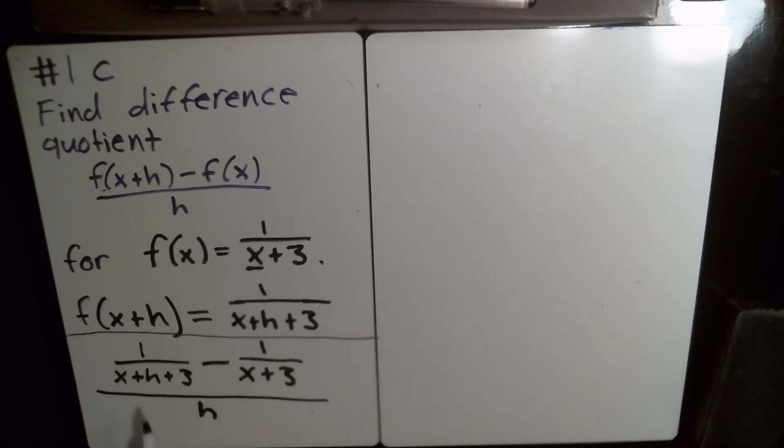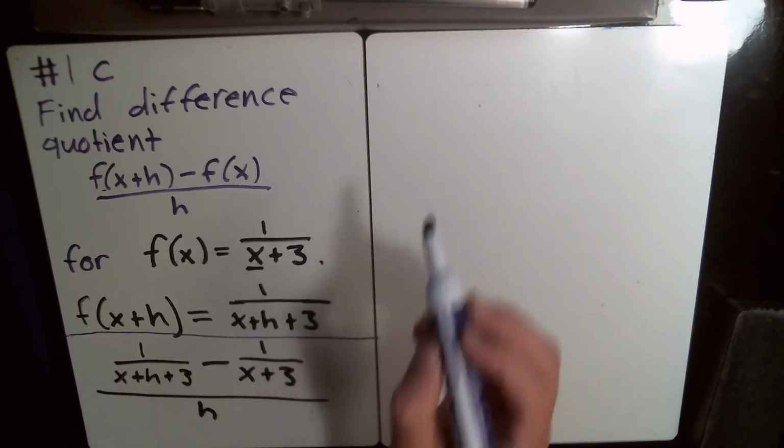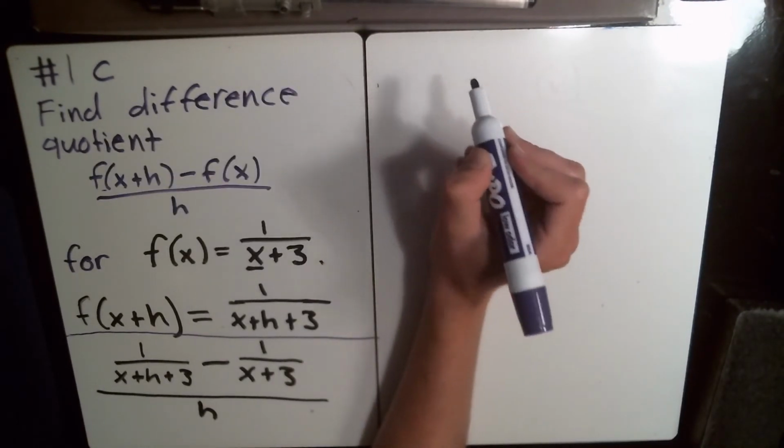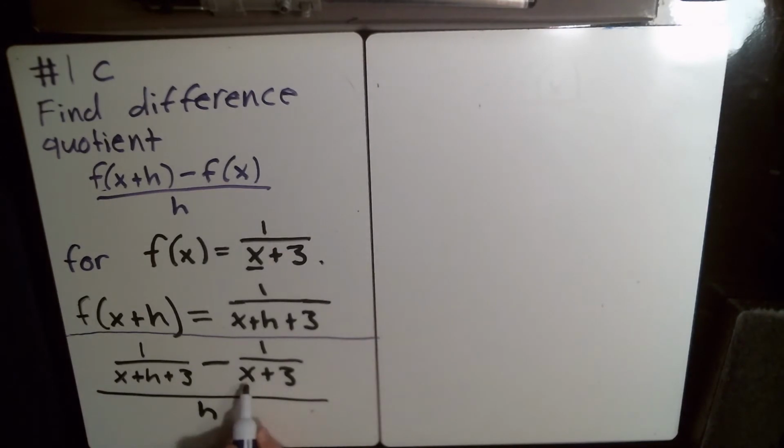To combine these two fractions, whenever you're subtracting fractions, you need a common denominator. So on that first one, I'm going to multiply the top and the bottom both by x plus 3, so that I get an x plus 3 in the bottom.